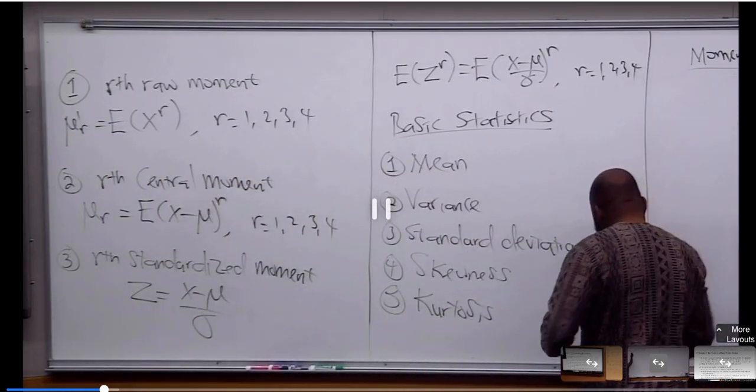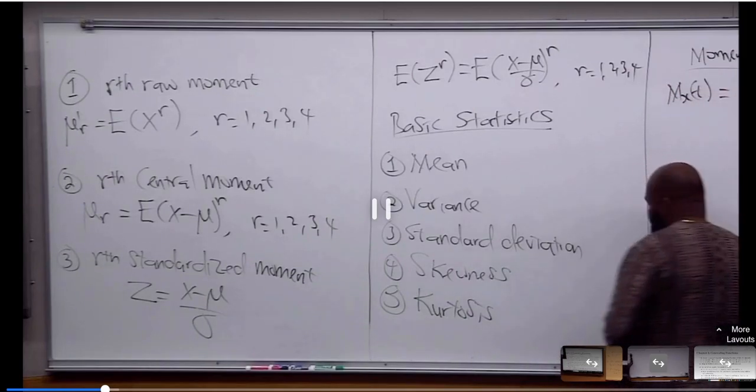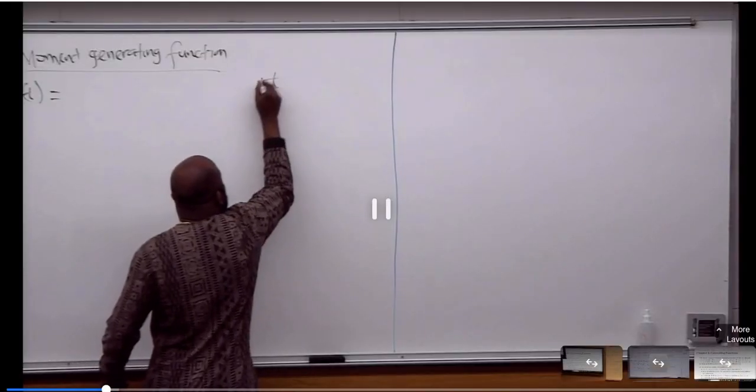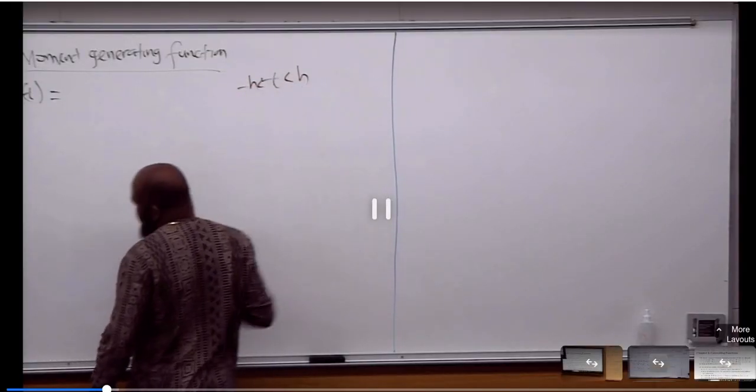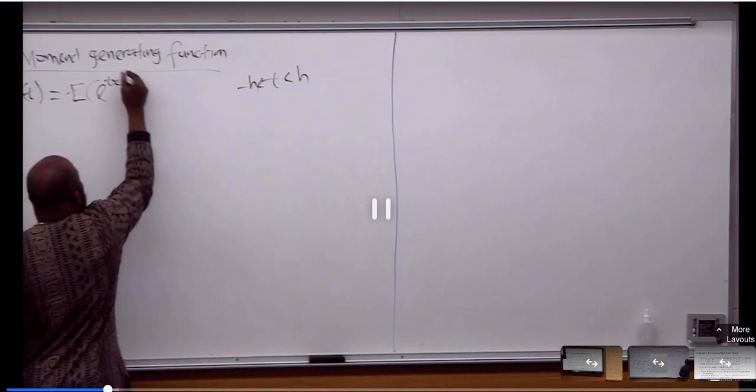Mathematically speaking, M_X(t), where t lies between negative h and h, is the expected value of that.